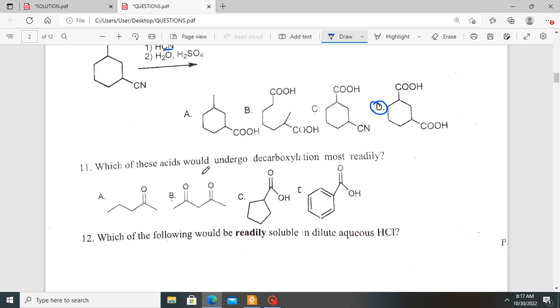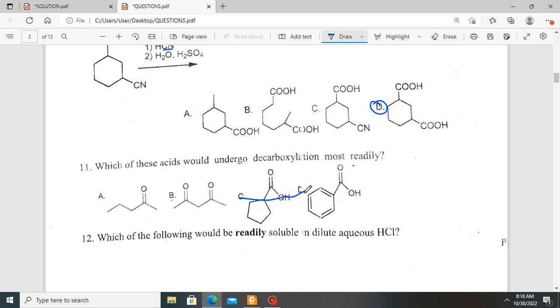Which of these acids will undergo decarboxylation more readily? So decarboxylation produces a more stable resulting compound. So which of these will produce a more stable compound when they have been decarboxylated, or carbon dioxide has been lost from them? The C and the D are the two challenging answers, but which becomes more stable when decarboxylated, benzene or cyclopentane?